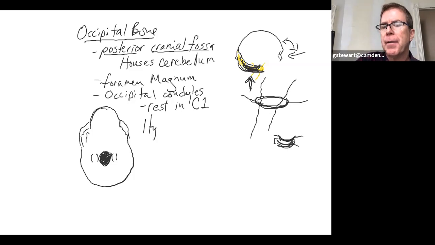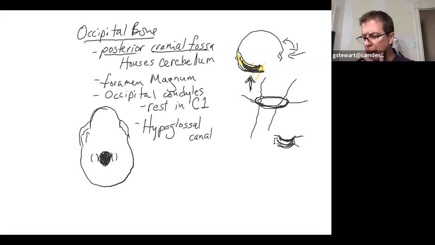I'm still talking about the occipital bone. The hypoglossal canal, that means a passageway through a bone. These are tiny and they're hidden just above the condyles, right about here.